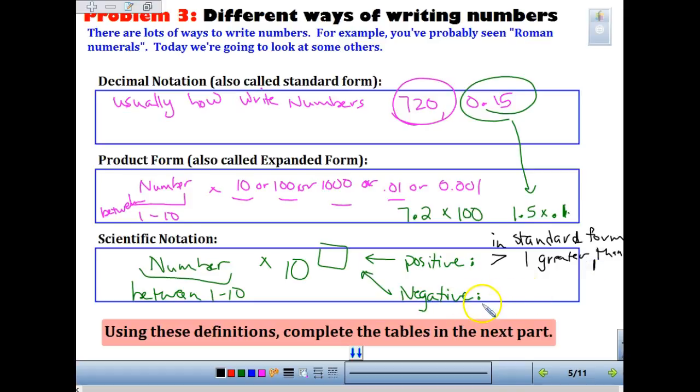When will this be a negative exponent? When the number in standard form is between 0 and 1, meaning it's a decimal. So if, like this one, being a decimal, I know I have to have a negative exponent when I do that one. 720, if I'm writing in scientific notation, is going to have a positive exponent.